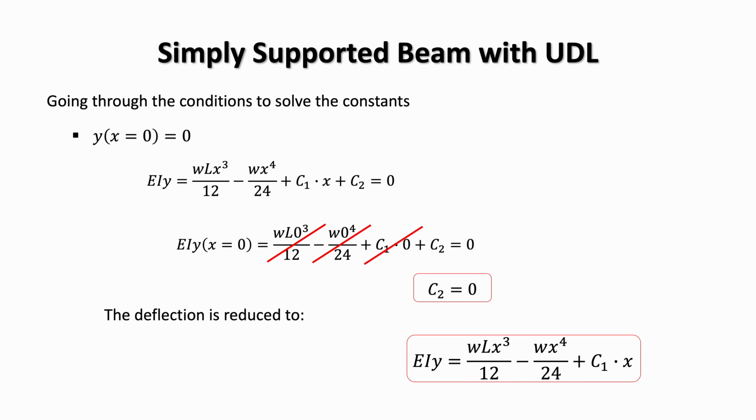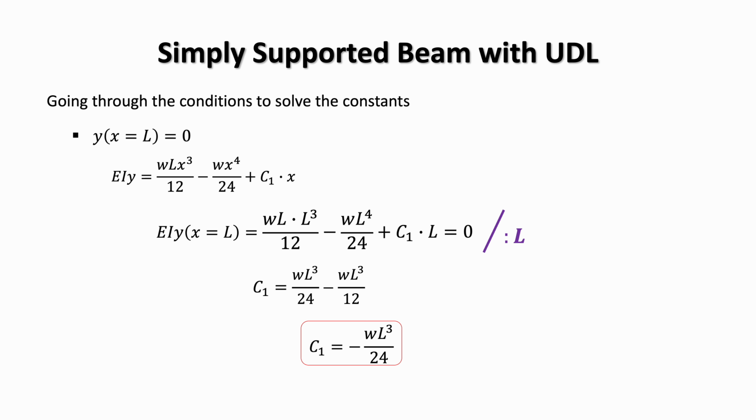With this boundary condition applied, the deflection expression is simplified, and it reduces to WLx cubed over 12 minus Wx to the power of 4 over 24 plus C1 times x. Looking now at support B, here x equals L, so y when x equals L has to equal 0.